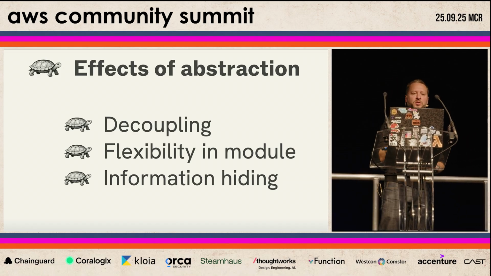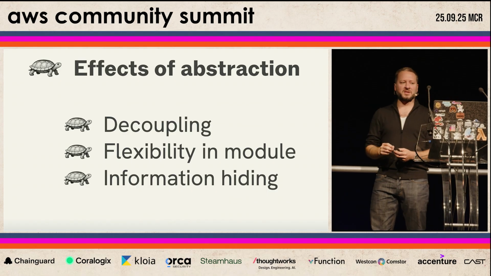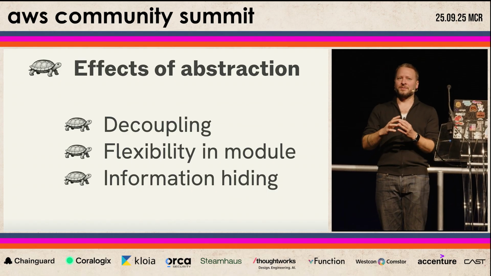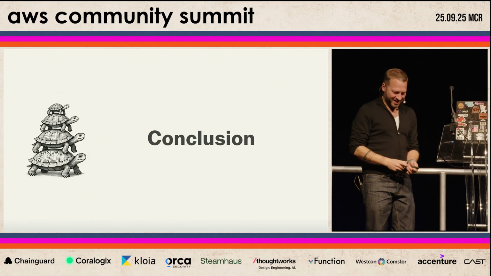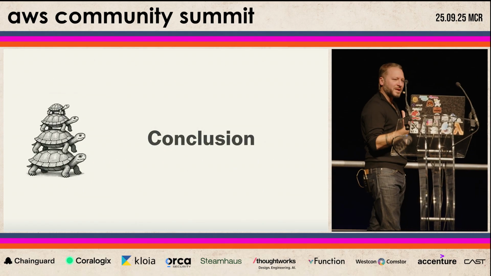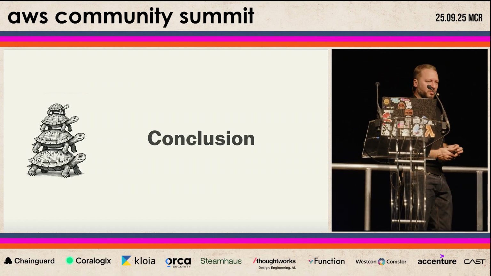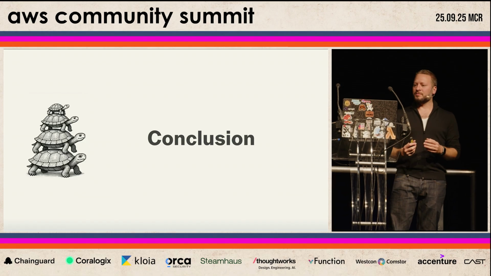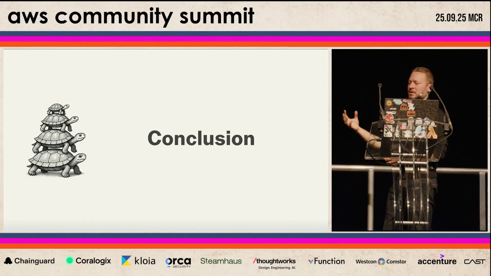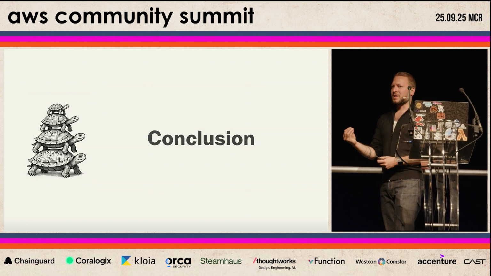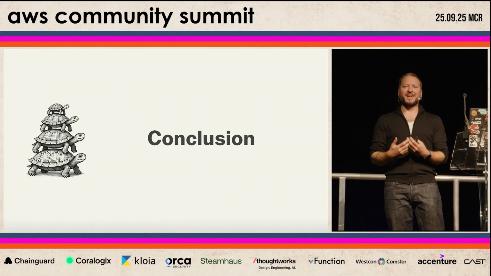And this results in decoupling our landscape, more flexibility within the module itself, and information hiding for all the different consumers. And that leads us to the conclusion, which is that whether you separate a business into domains, or an application into microservices, or a code base into different concerns, or a physical device into different physical components, modularity will help you build evolvable systems at any scale.